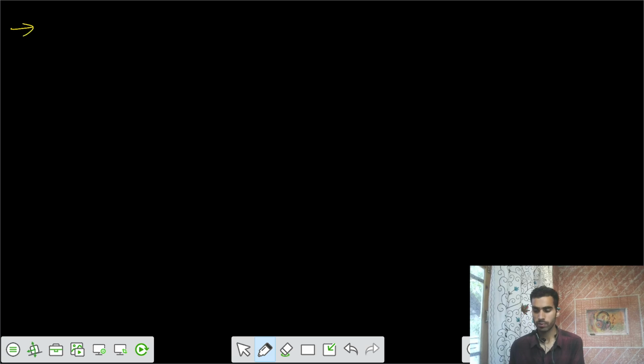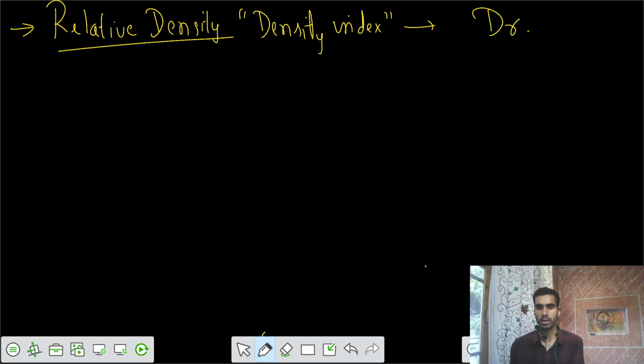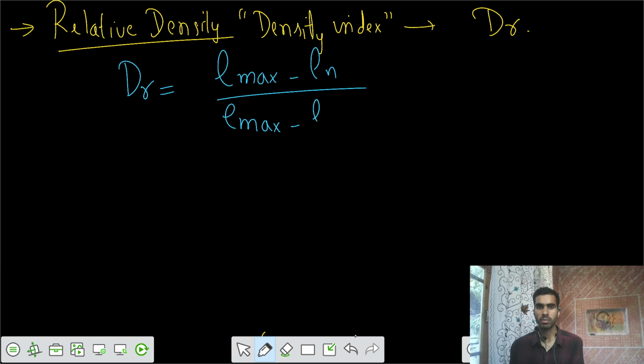First subtopic, we call it relative density, or we can also call it density index, and we can note it as Dr. The result is actually the ratio: e max minus e natural, divided by e max minus e minimum.